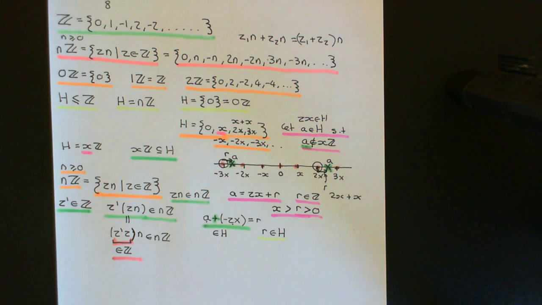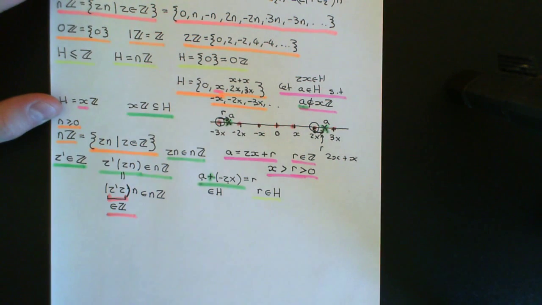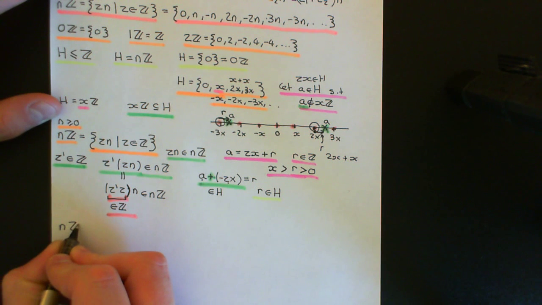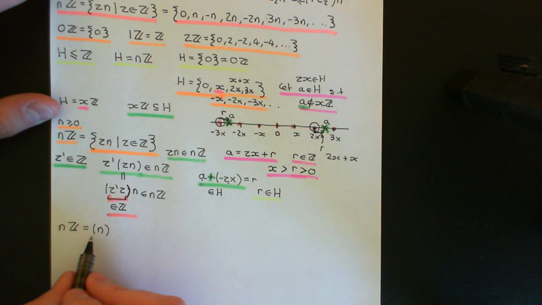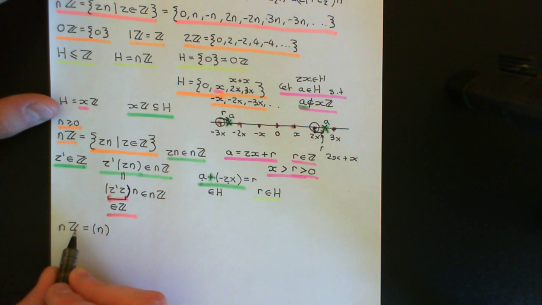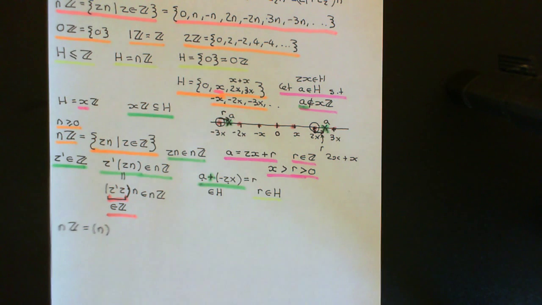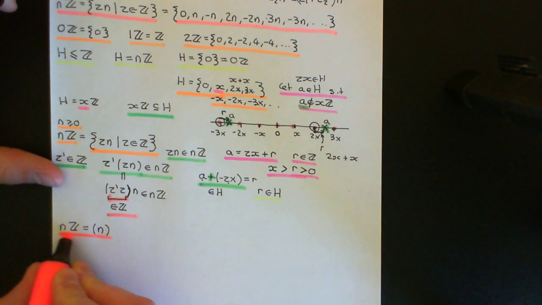Now, some new notation then, because these ideals within the ring of integers are all very special. They are all actually principal ideals. nZ is actually the principal ideal generated by n, because what you have just done here is multiply n by all elements of the larger ring, which is the ring of integers. So in fact, all of the ideals within the ring of integers are principal ideals.